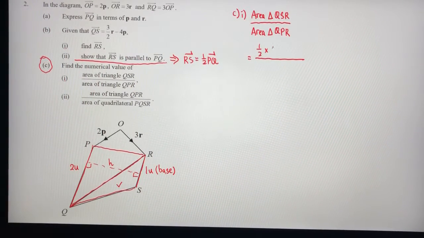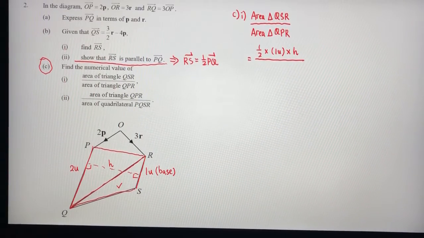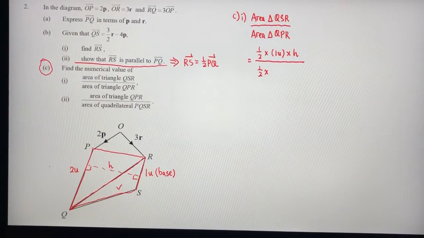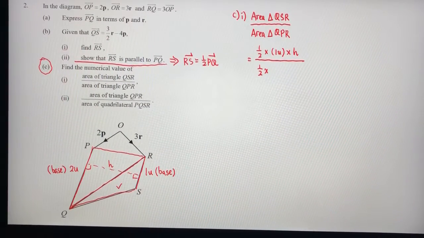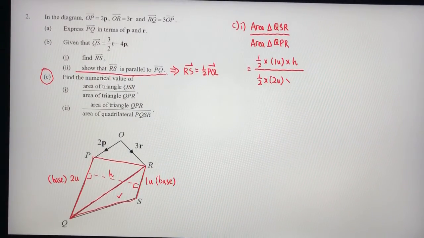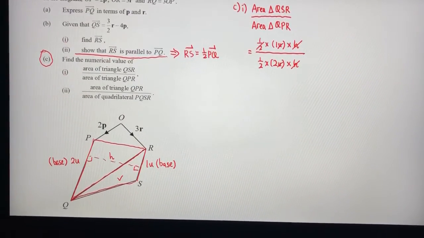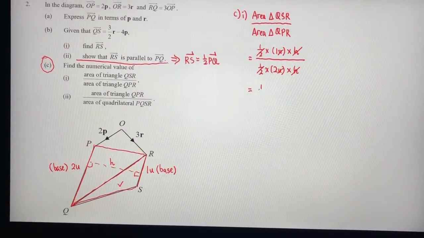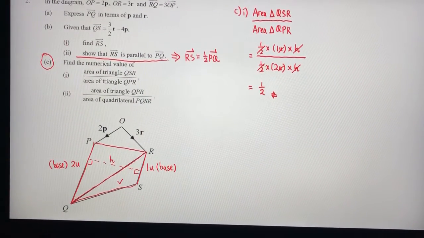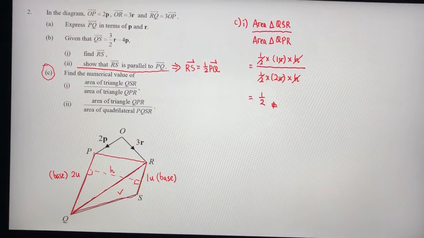So the area is half times the base, which is 1 unit, times the height, in this case H. As for the area of QPR, you notice that PQ is its base and it is 2 units. And this triangle also has the same height, H. So perform cancellation, and you notice that the ratio of the areas of the triangles equals half. And that ends part 1 of part C.